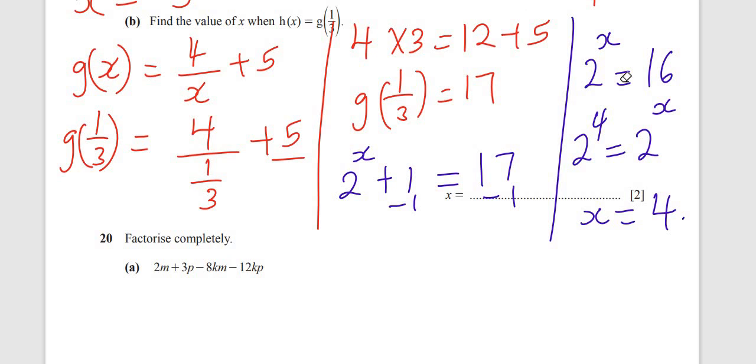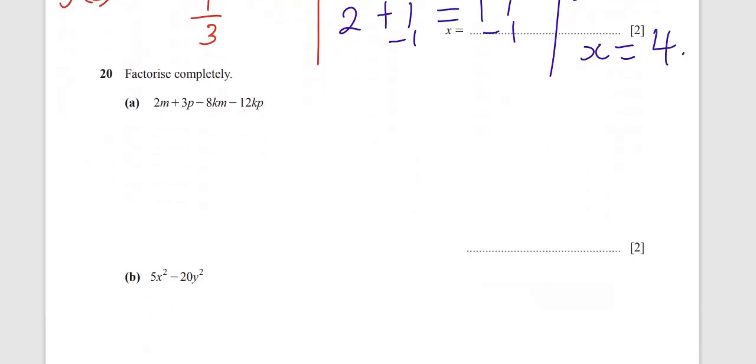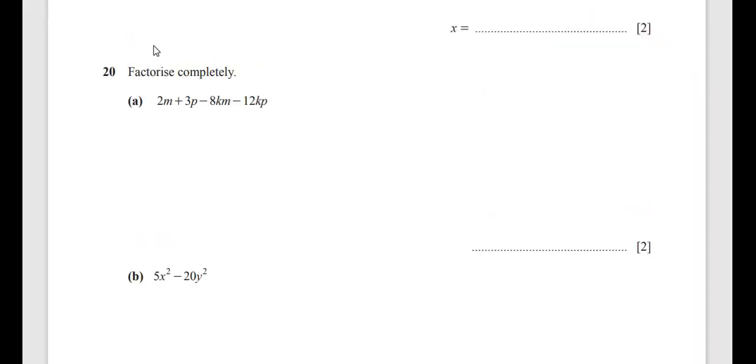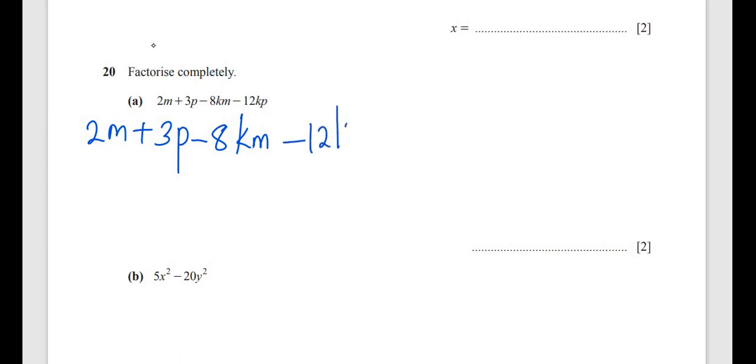Okay. Then we can move on to the next question, which is question number 20a. Question 20, factorize completely. So to factorize means to put brackets. So let me write it here. We have 2m plus 3p, take away 8km, take away 12kp.